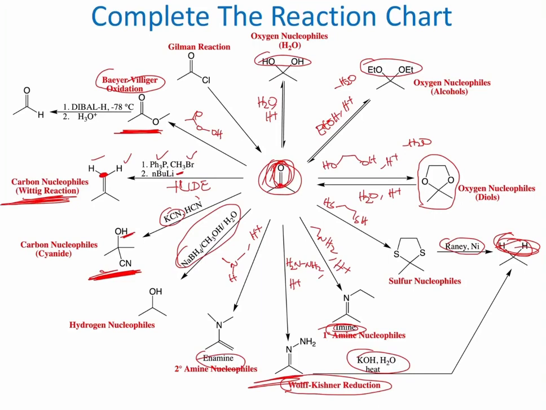We can also use Gilman reagent. Gilman reagent transforms an acid halide into a ketone. How does it do that? Well, Gilman reagent simply requires the use of an alkyl halide. So in this case, we're just attaching one carbon.